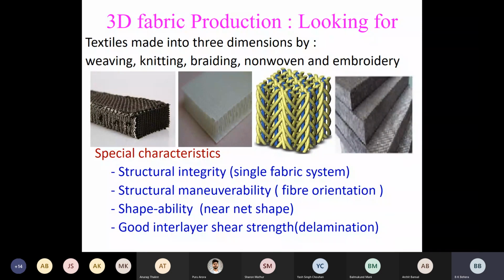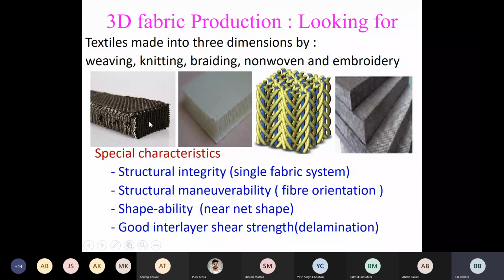Fourth is good interlayer shear strength, which gives you delamination resistance. For example, look at this fabric, the first sample. There are more than 15 layers in this fabric, and they are all integrated by weaving. When this fabric is converted to composite and subjected to some shear force or impact force, the individual layers will not get separated.